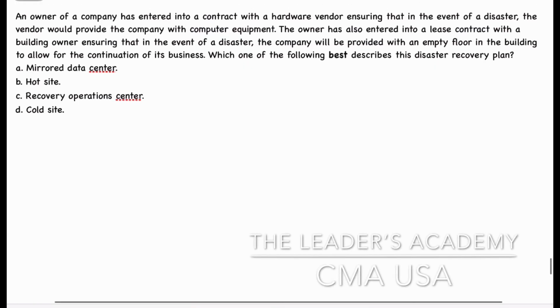An owner of a company has entered into a contract with a hardware vendor, ensuring that in the event of a disaster, the vendor would provide the company with computer equipment.